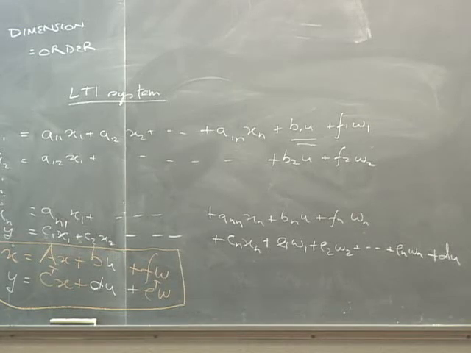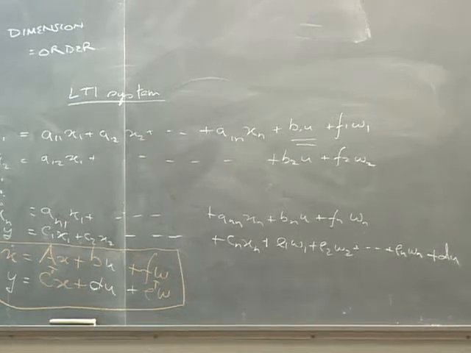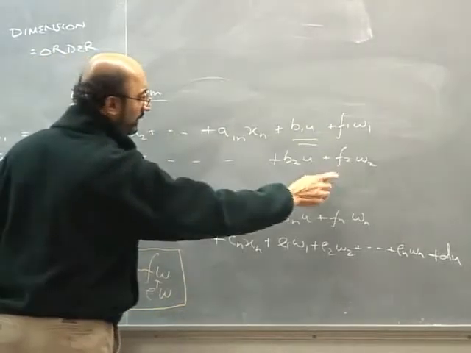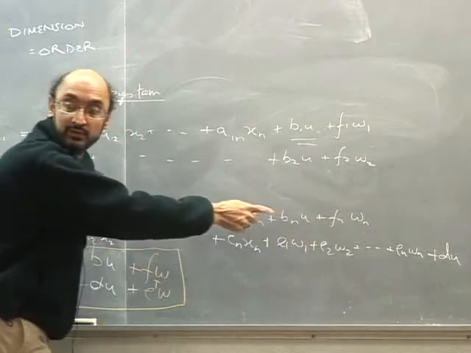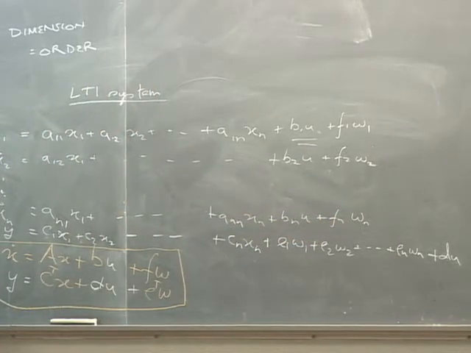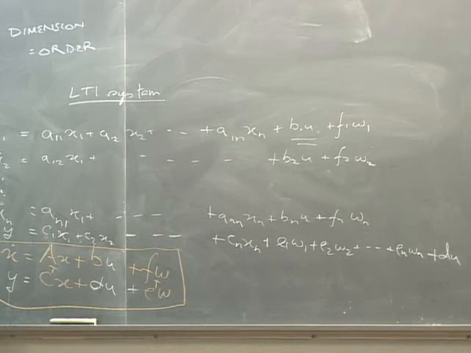Are both f and w vectors? In the general case, yes, f and w are vectors. This was basically f1 w1 plus f2 w2 and so on, up to fn wn.